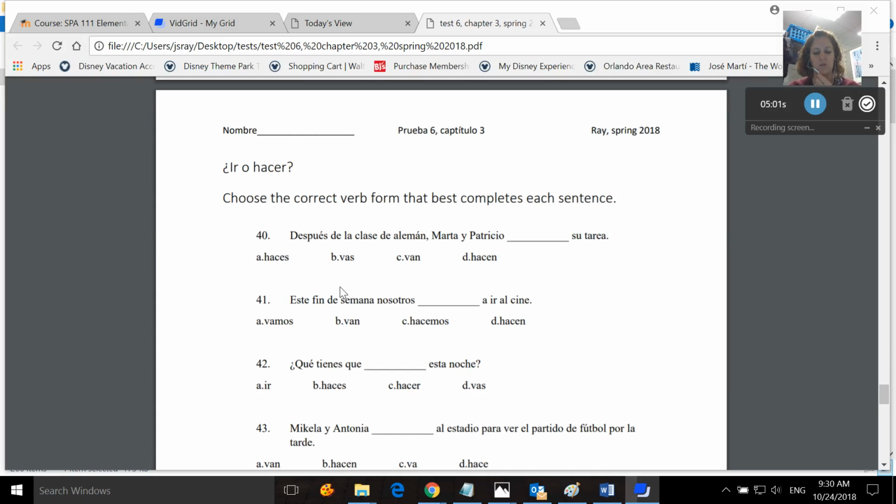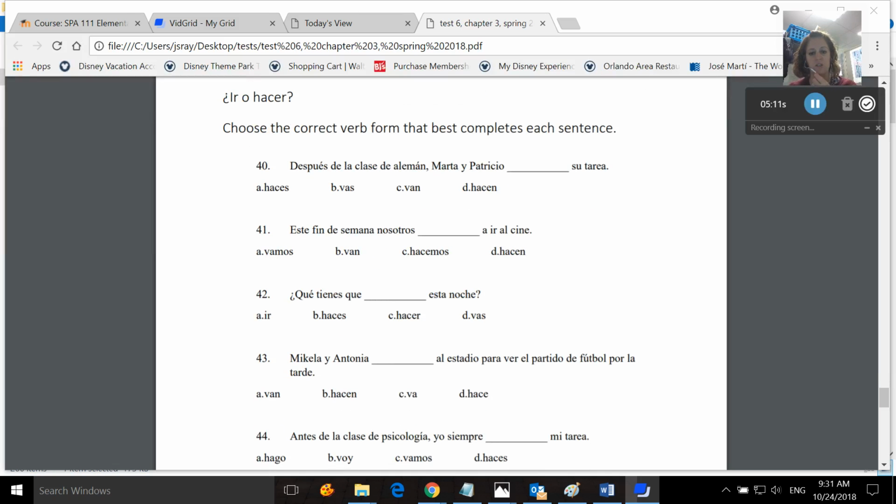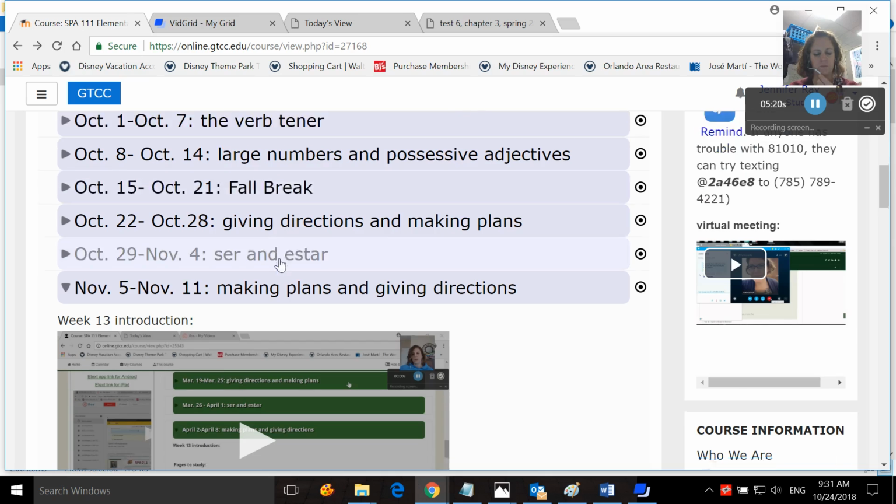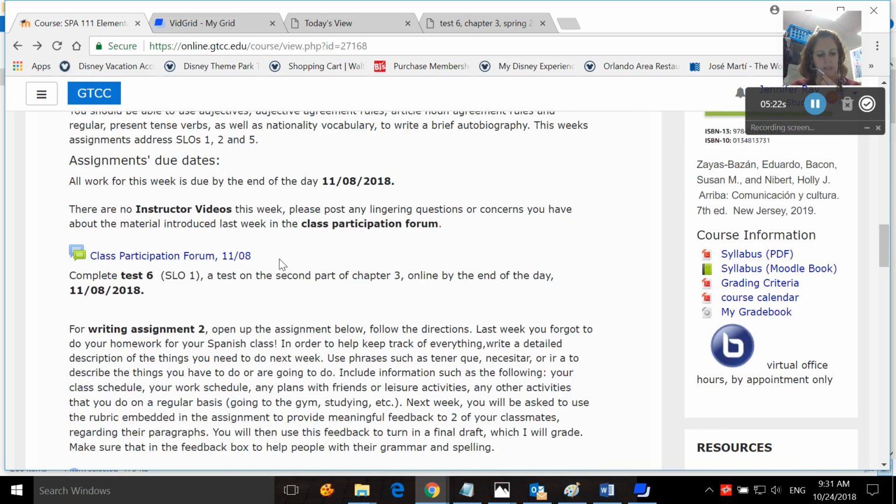Down here, you're going to choose between ir, I think it's always ir, and hacer. So you just read the sentences, decide whether it needs ir or hacer, and then pick the spelling that best matches who has to do homework or who is going to the movies. And that's everything that you have to do for this test. Okay, so that's test 6.